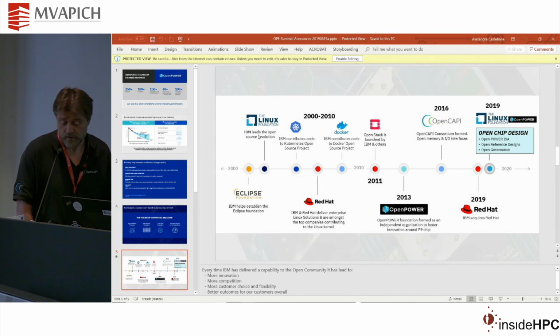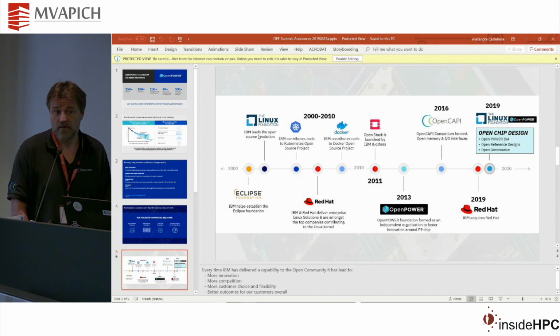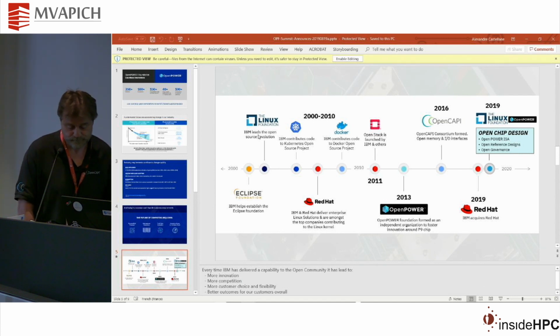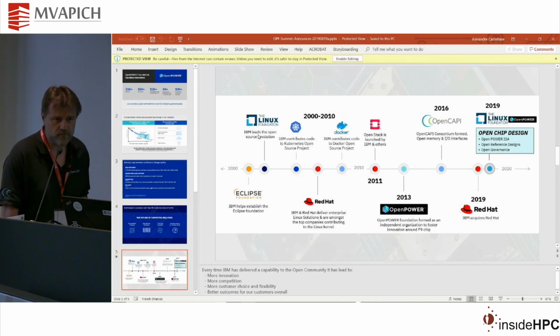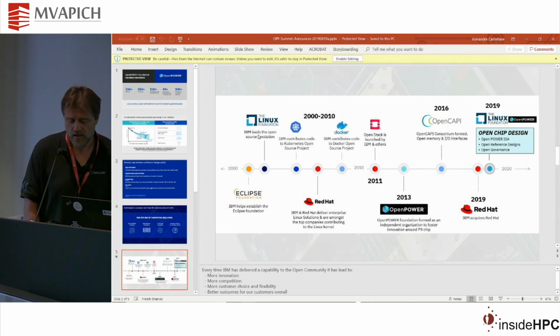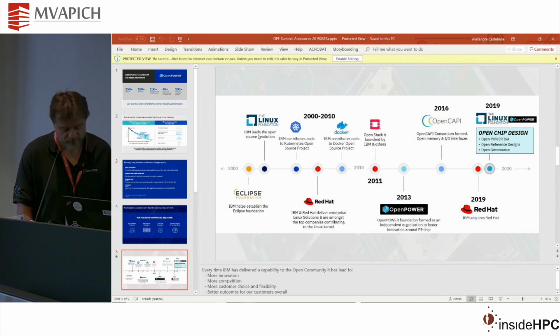We will open reference designs, and we will enter in an open governance to help people organizing the future of roadmaps and so on. And OpenPOWER Foundation will be a subsection of the Linux Foundation, which is one of the well and best appreciated foundations for open software.